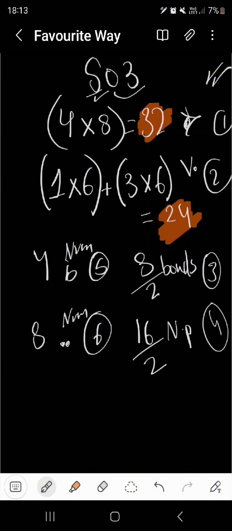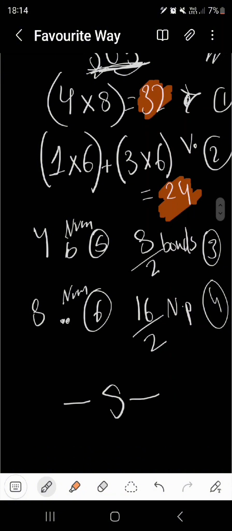Now let's draw it. We have SO3. S is the central atom because it's alone and can make a lot of bonds. We'll say 1, 2, and then 3. We'll write O, O, O.